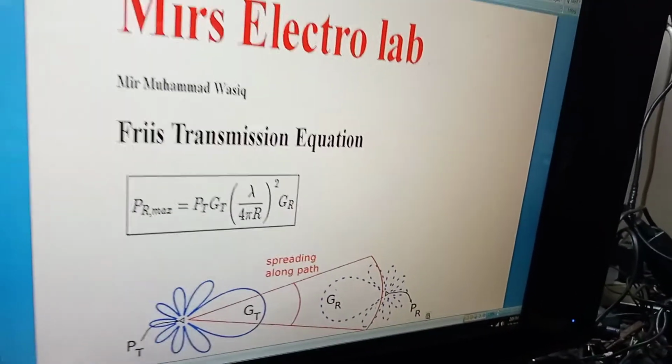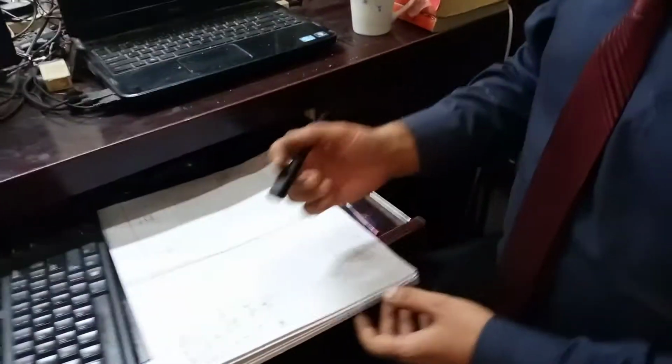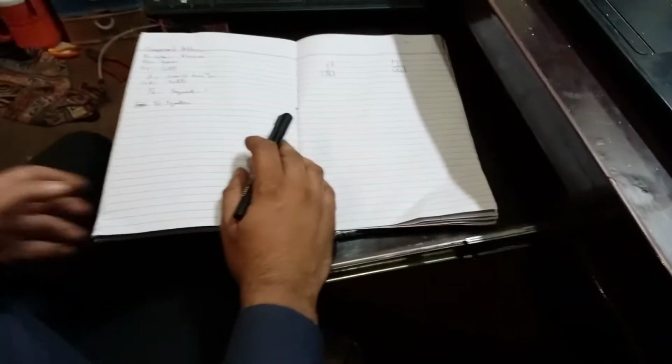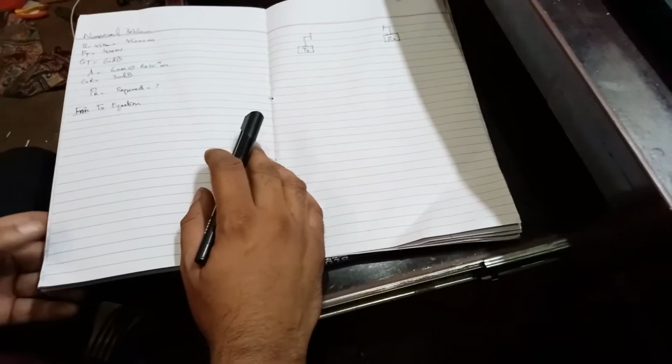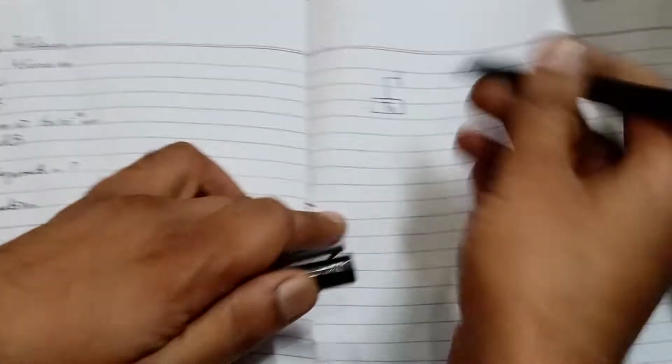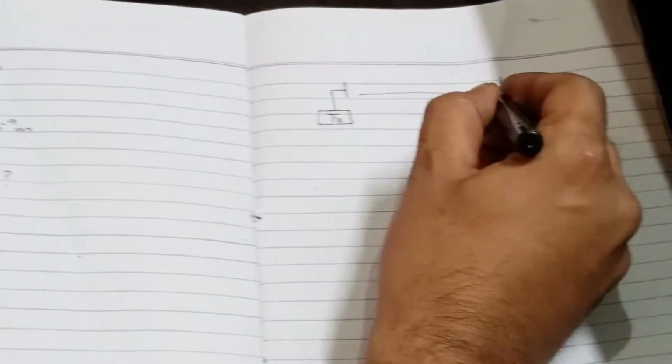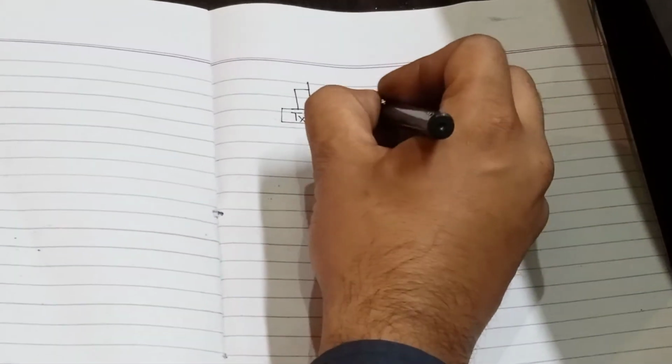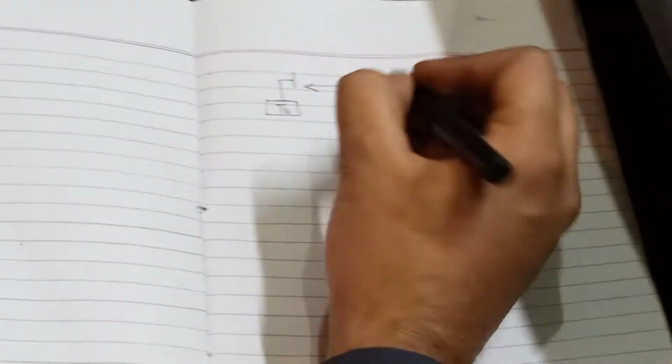So now we run a scenario, a numerical problem in which we are trying to calculate how much received power we are receiving if we are supplying 400 watt power to the transmitter. Now this is the transmitter antenna, this is the receiving antenna. The distance between them is 45 kilometers, right?